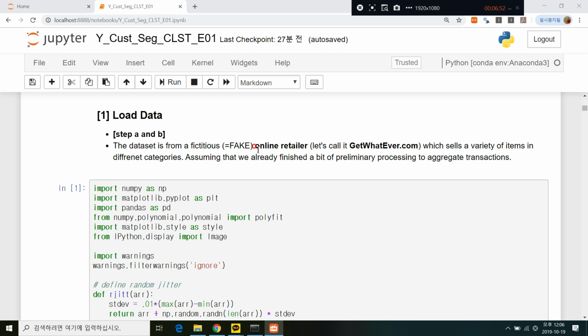Let's assume that this is an online retailer, an online shopping mall, which sells literally everything in the world, a variety of items in different categories. Assume that you already finished a bit of preliminary processing, in short pre-processing, to aggregate and to create the candidate input variables and some variables for evaluation of customer segmentation results.